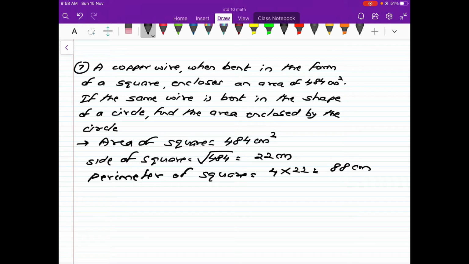Now this 88 centimeters is equal to the circumference of the circle, because the length of the wire we have got is 88 centimeters. So we will write the perimeter of the square is equal to the circumference of the circle.